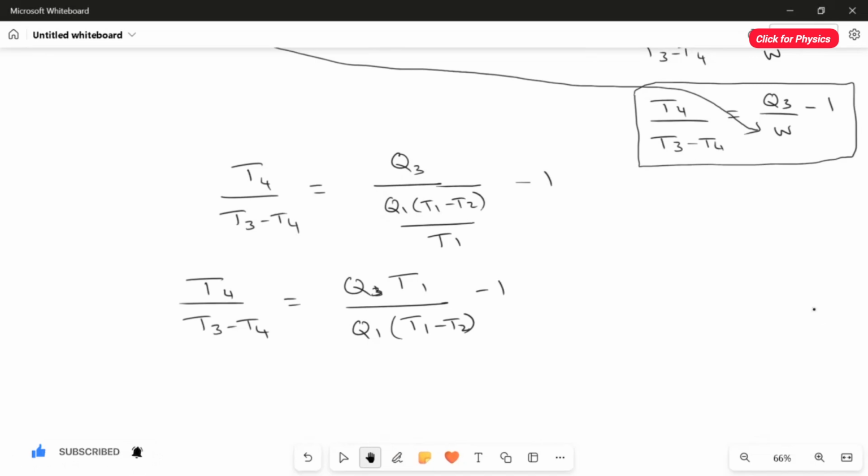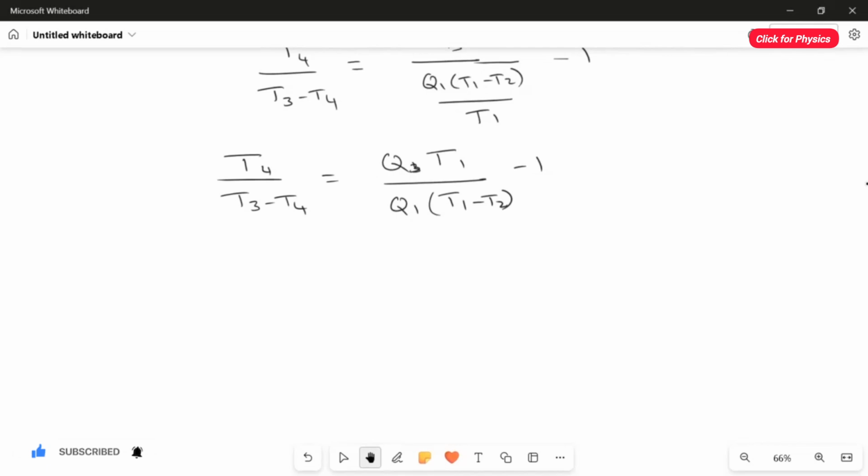Clear? Now I am going to keep this term here and move this minus 1 to the left hand side. So this minus 1 will take positive 1, that means plus 1. I'm going to move only this to the left hand side, and when you move it, it will take a positive value.